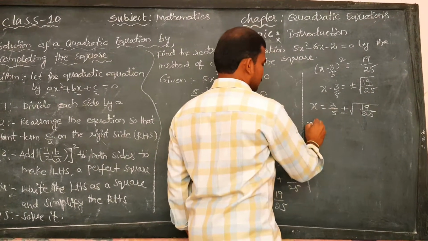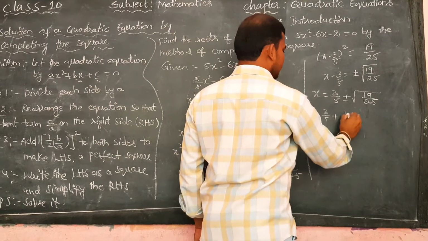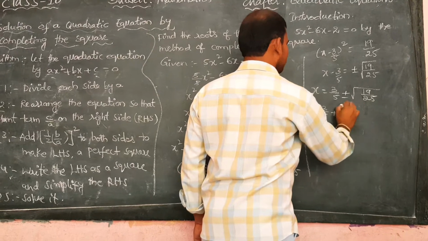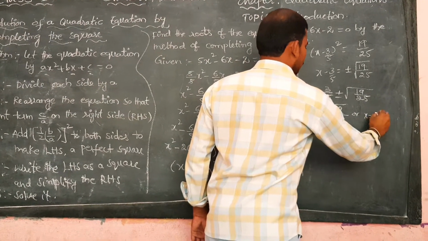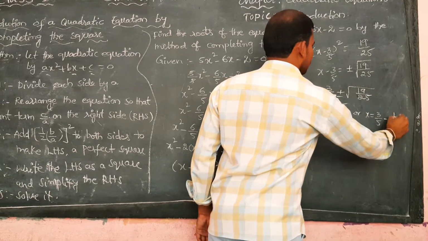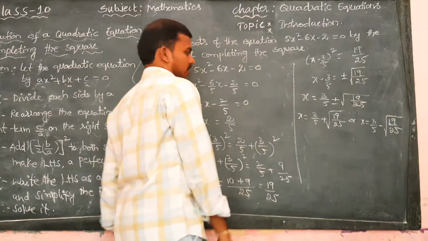So x is equal to 3 by 5 plus root 19 by 25, or x is equal to 3 by 5 minus root 19 by 25.